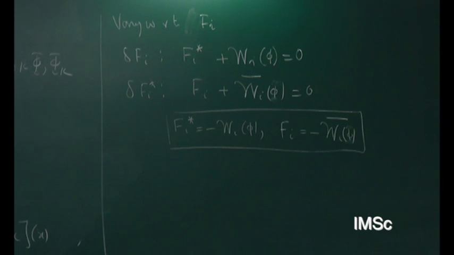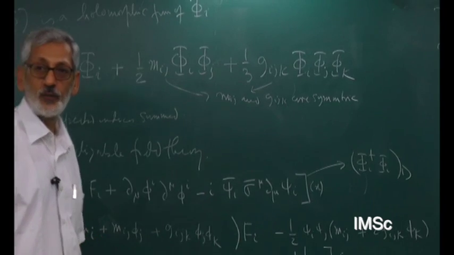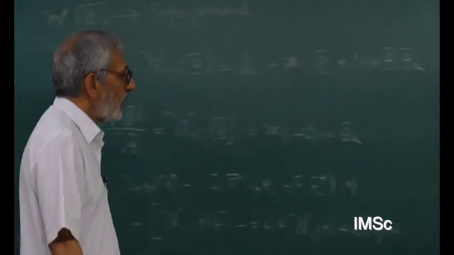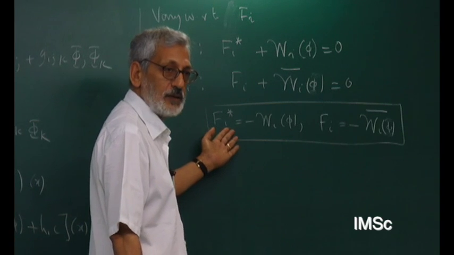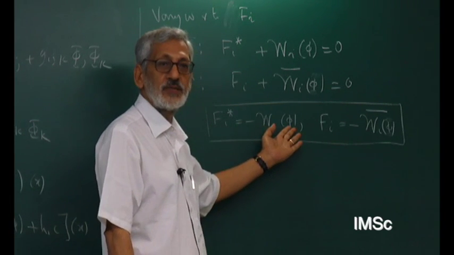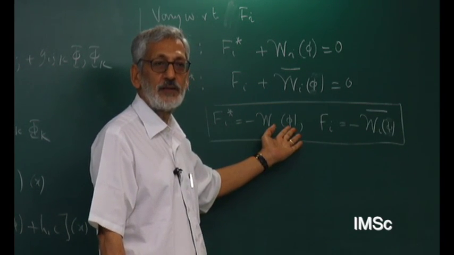And Wi is this object. So what does it tell you? It tells you that F is not an independent field, but it is constrained to be a function of the other dynamical fields.